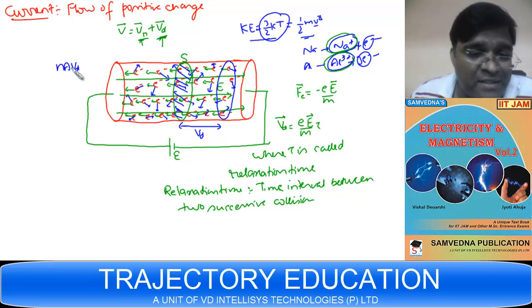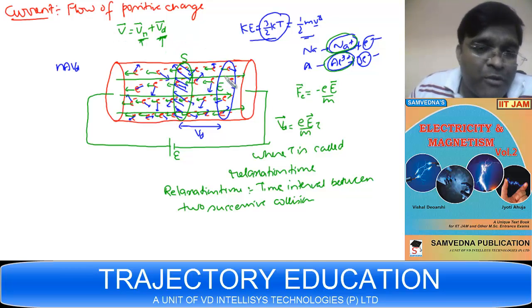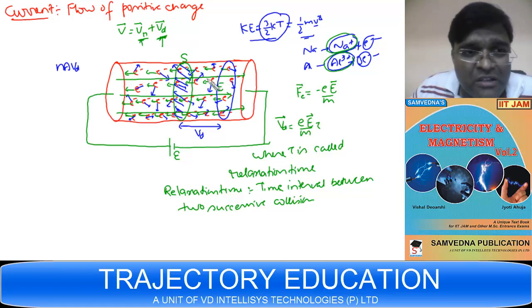But then, my dear friend, current is the flow of positive charge. For every electron flowing towards left, it can be seen as an equivalent positive charge moving towards right.